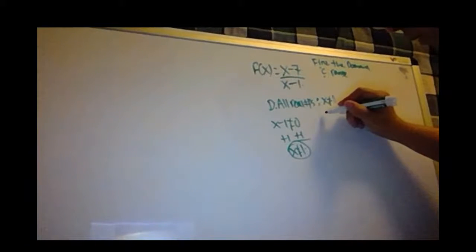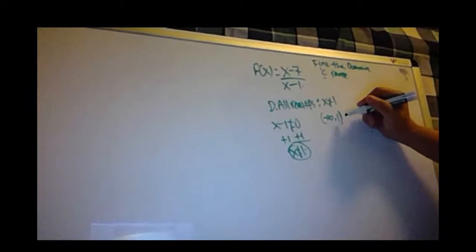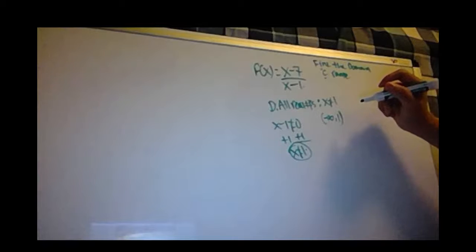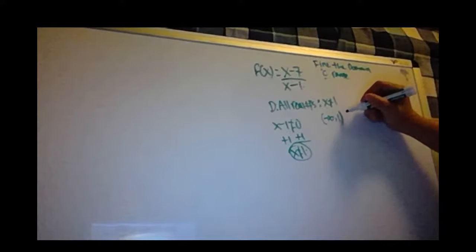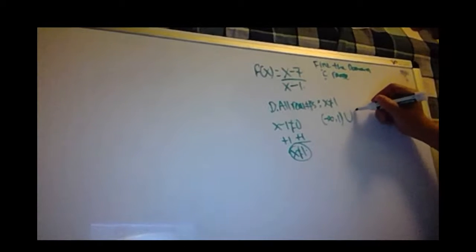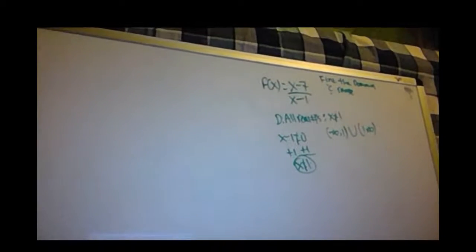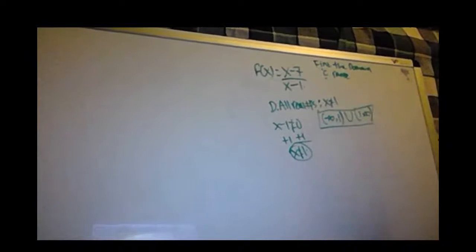That means we're going to go from negative infinity to 1, with a parenthesis, meaning that we're not including 1 in the interval, and then union 1 to infinity. That is the domain. Go ahead and box that.